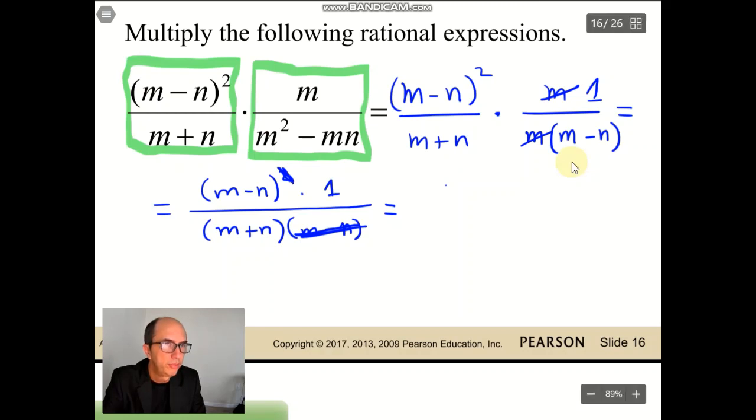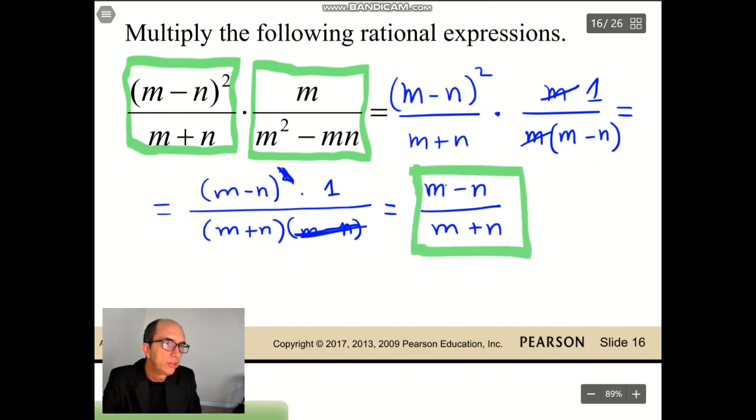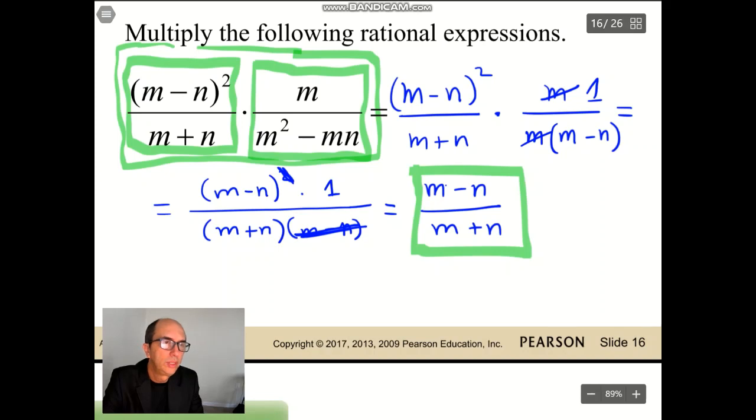Then we have m minus n over m plus n. This is the resulting rational expression from multiplying two different rational expressions and then simplifying all the common factors.